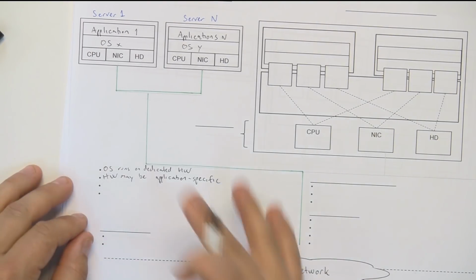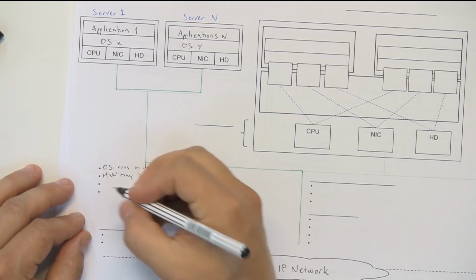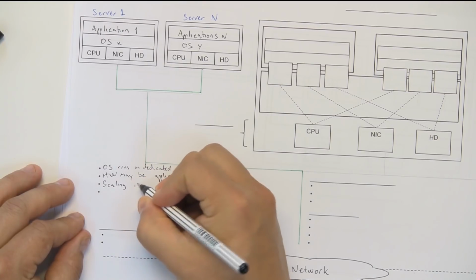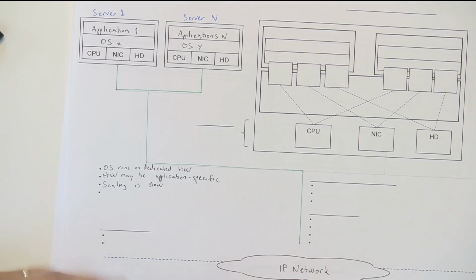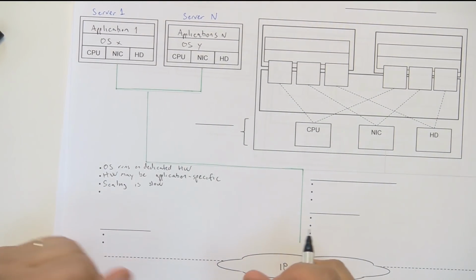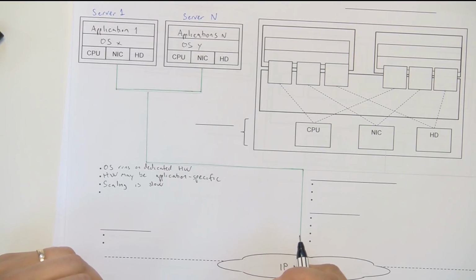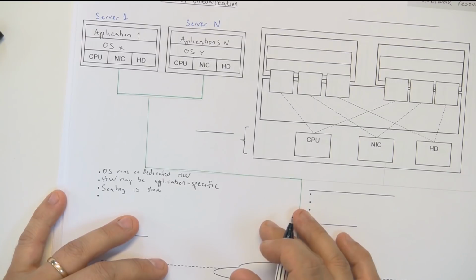Scaling is slow. It's difficult to change this. It's difficult to change it quickly. So scaling is slow. Scaling meaning making it grow or shrink. And redundancy is expensive. You often need to have redundancy for specific applications and operating systems.